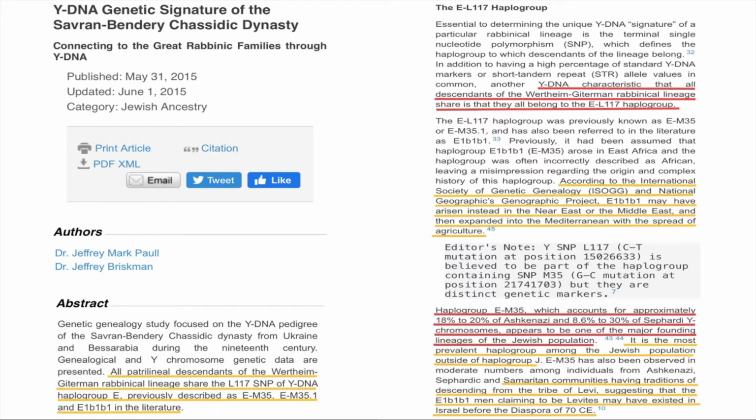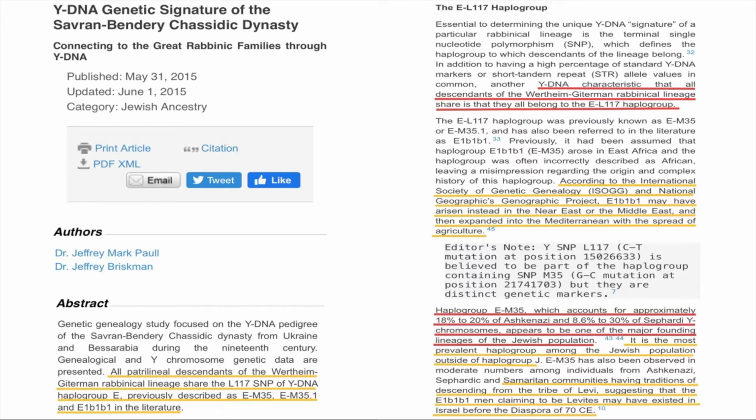Haplogroup E-M35, which accounts for approximately 18 to 20% of Ashkenazi and 8.6% to 30% of Sephardi Y chromosomes, appears to be one of the major founding lineages of the Jewish population. It is the most prevalent haplogroup among the Jewish population outside of haplogroup J.